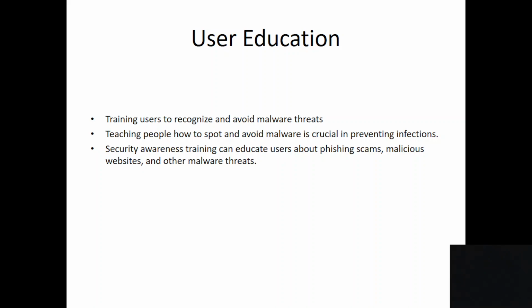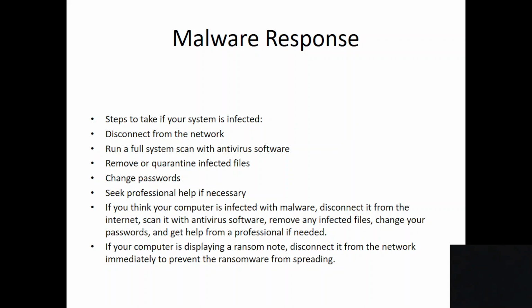Security awareness training can educate users about phishing scams, malicious websites, and other malware threats. Malware response: it's very important to understand the steps to take if your system is infected. Firstly, you need to disconnect from the network, from the internet. Run a full system scan with antivirus software.